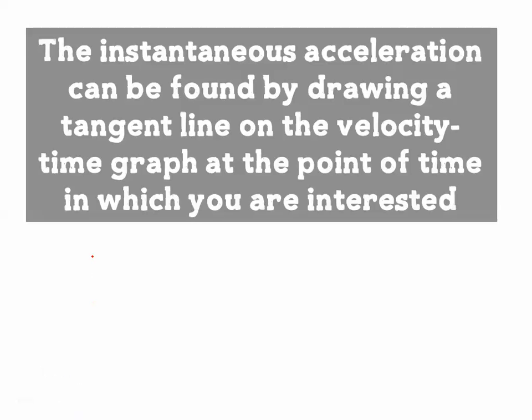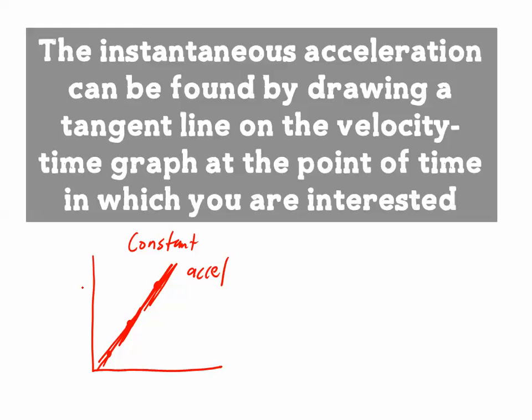So for instance, let's look at this example. When I have a linear acceleration, because this is uniform acceleration, at any point the tangent line is going to be the line itself. So at any point on a linear graph, the acceleration stays the same, which means constant acceleration. And just keep in mind, this is a velocity versus time graph.